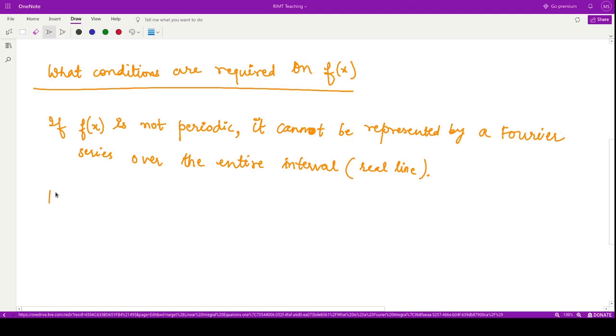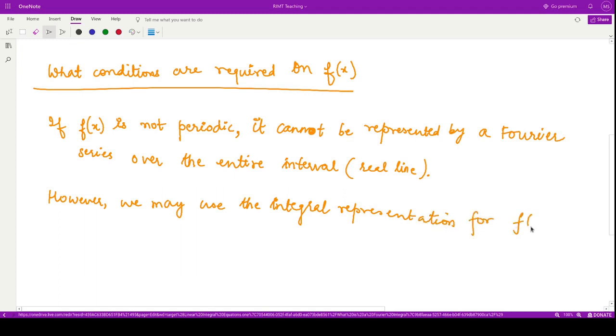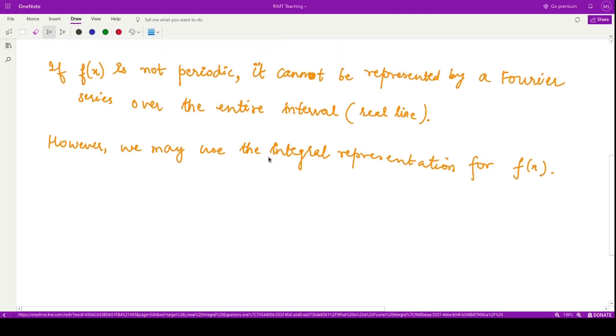We may use the integral representation for the function f of x. For writing this integral representation of the function f of x, what things are required?